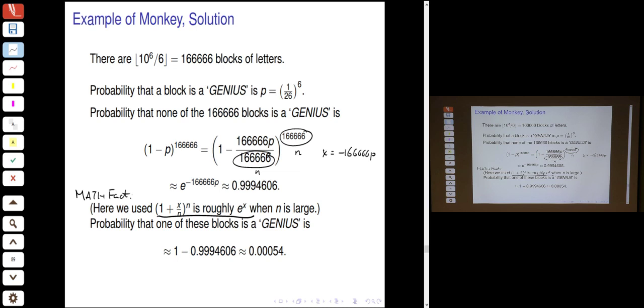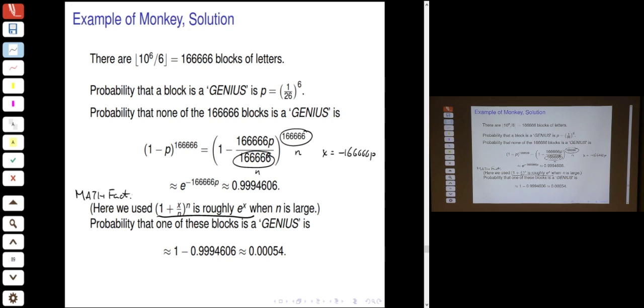So in this fraction, think of n as this number and x as minus this times p. Now, by the mathematical fact, this is in the form of the left-hand side. It is more or less e to the power of x, where x is now minus this number.